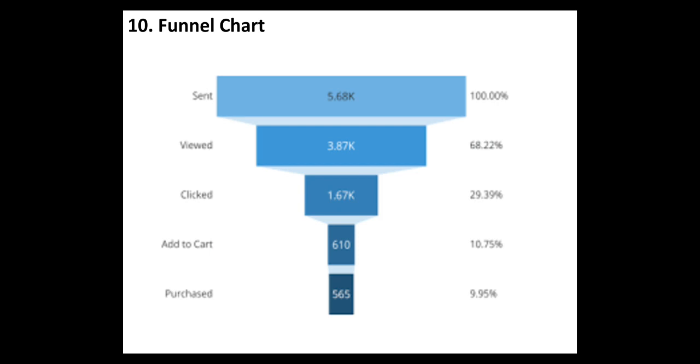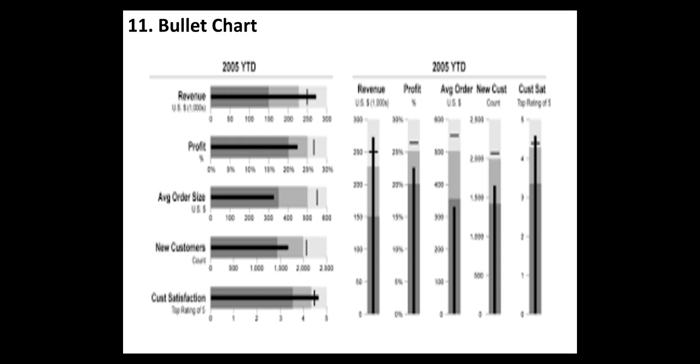Then next one, bullet chart. The bullet chart is shown in the image. It is typically used to display performance data related to a goal. That means the name itself is telling us to aim at a goal, to reach a goal.